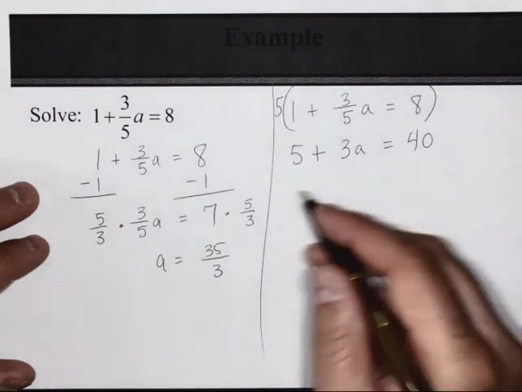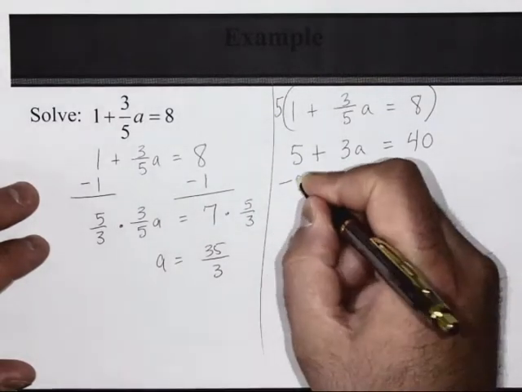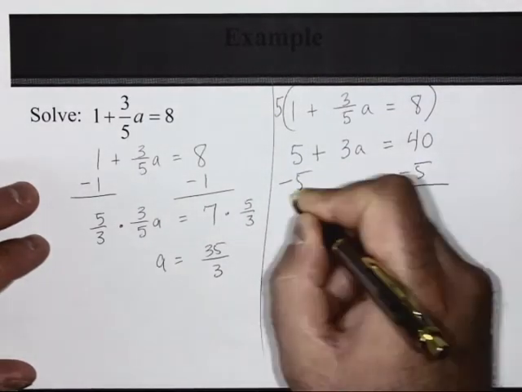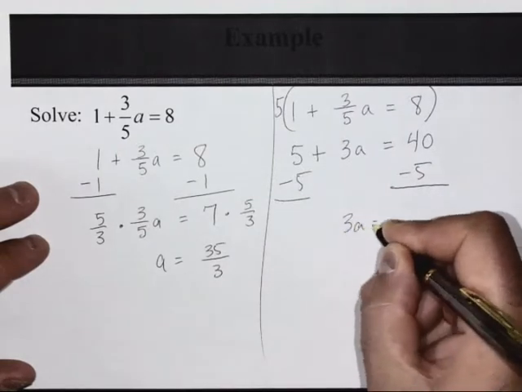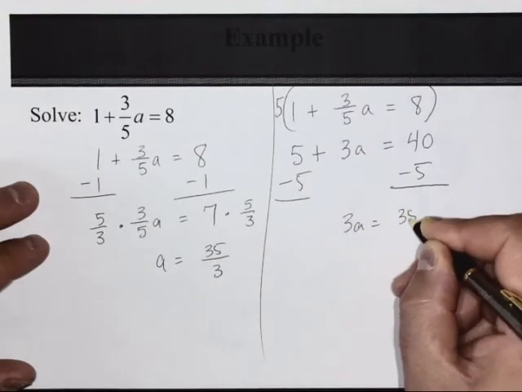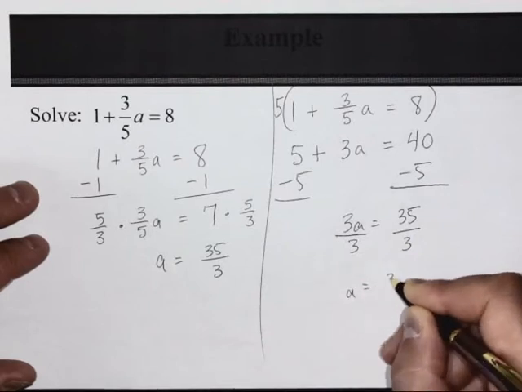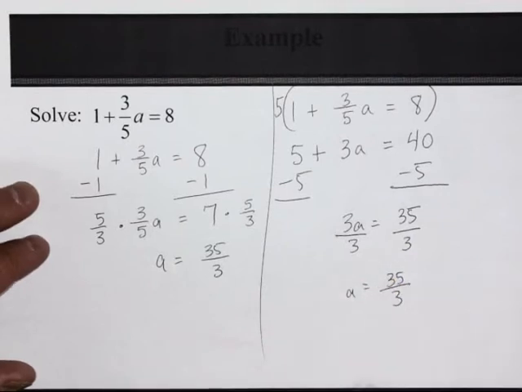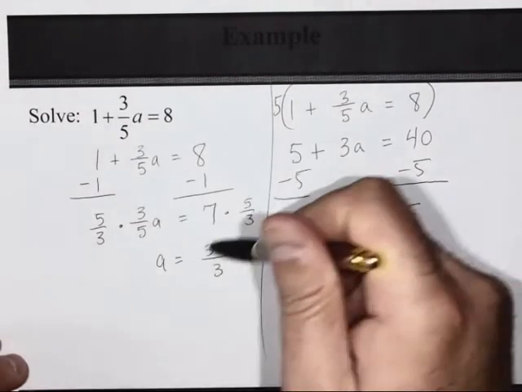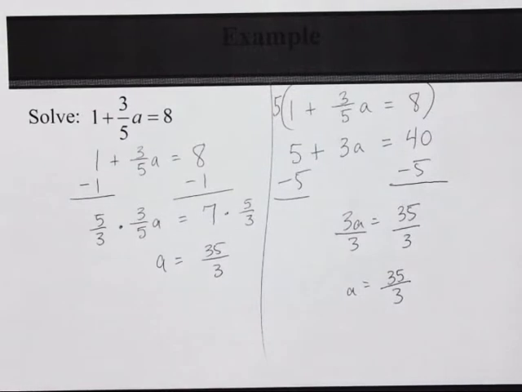And so then I can continue to solve without having fractions in the equation itself, and I would still end up getting 35 over 3. For this particular problem, I think it's easier to do it the first way, the first option.